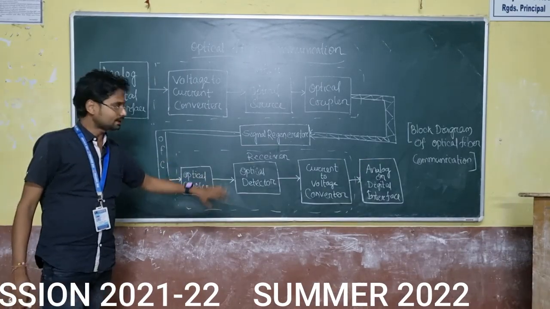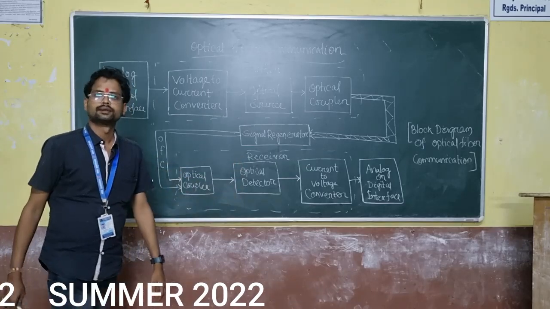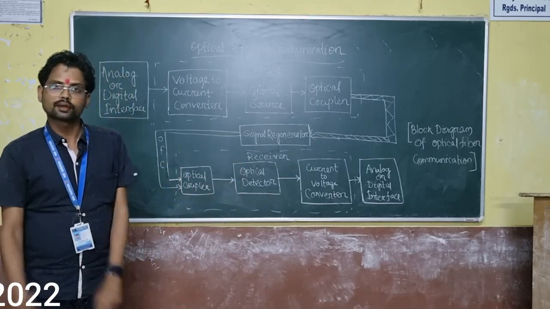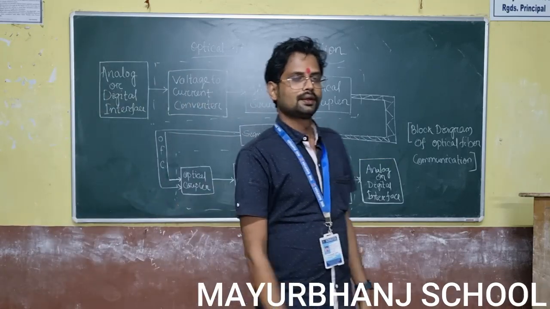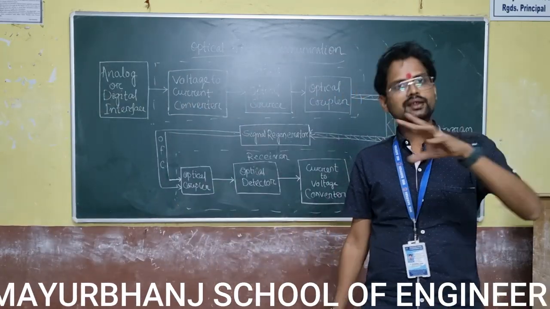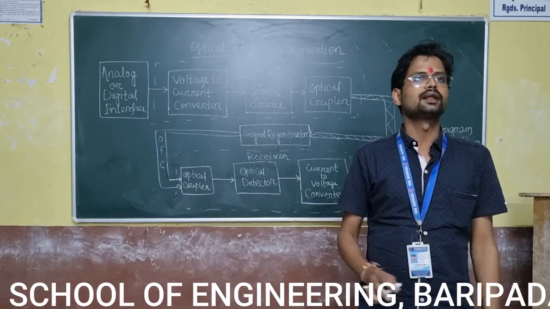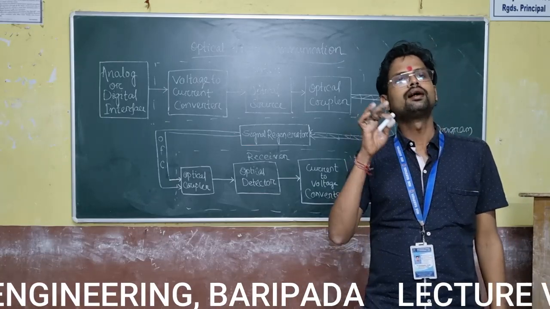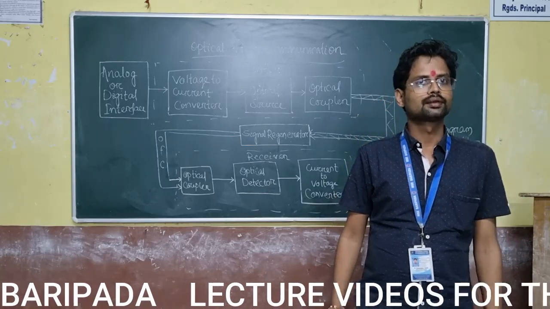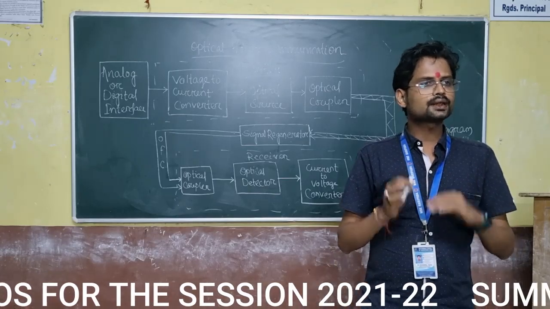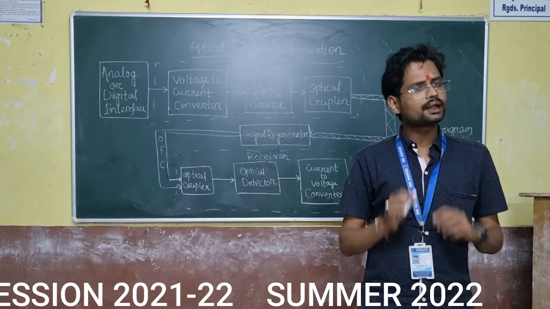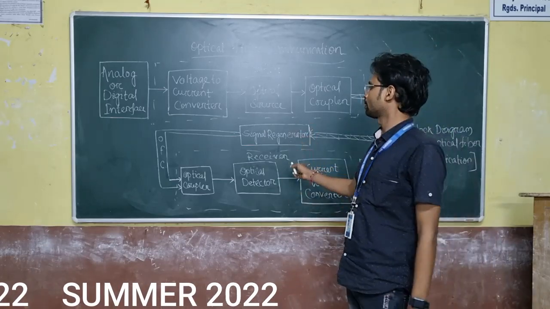What is the optical detector? It may be a photodiode. Have you heard the name photodiode? When light strikes the diode surface, it starts releasing current. The photodiode is responsible for converting; it is just like a converter.